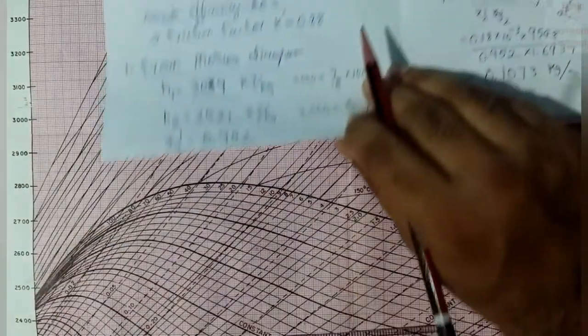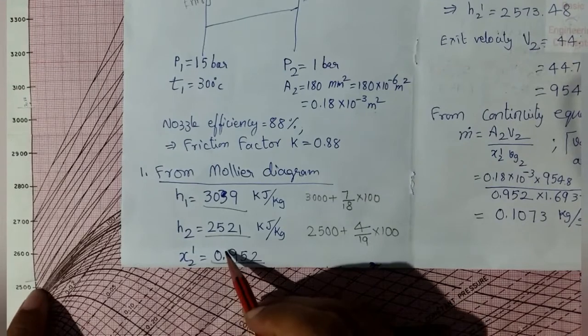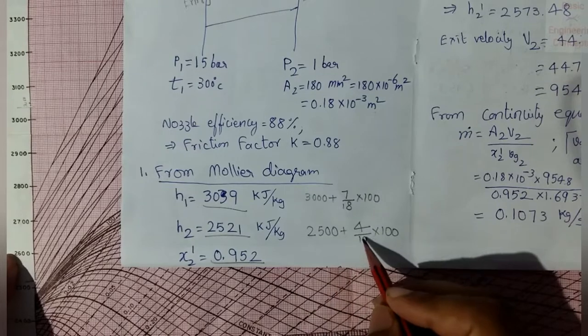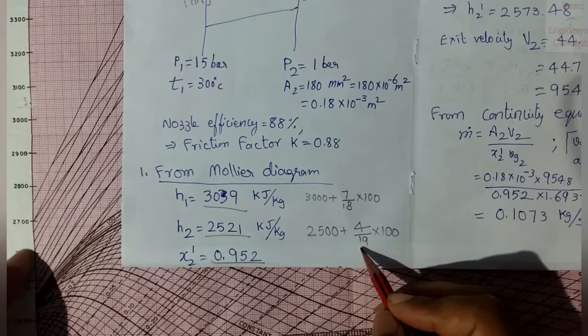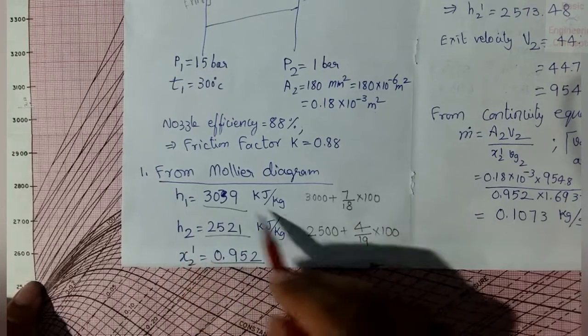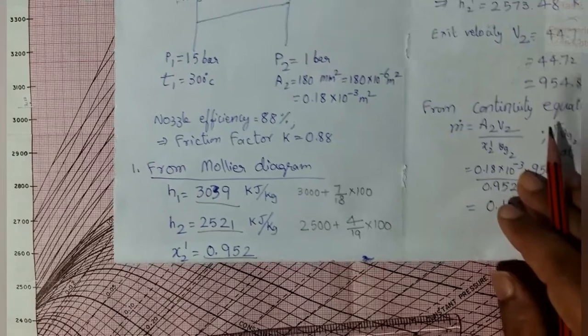How do we get this value? Again, this lies between 2500 and 2600. So 2500 plus 4 by 19. Totally there are 19 divisions, and this point falls at the 4th division. So 4 by 19 into 100 gives you h2.